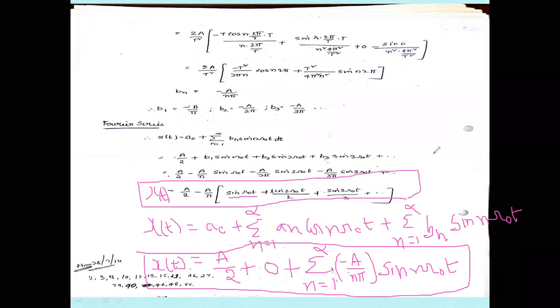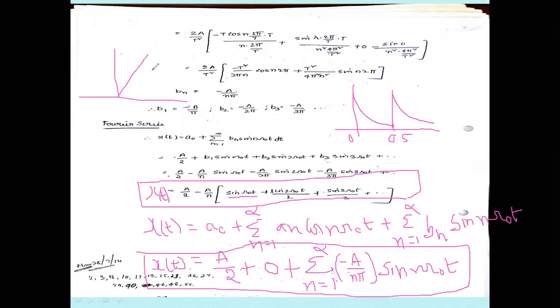Following, my dear students, is also a very, very important example. In the previous class, yesterday's class, we found the trigonometric Fourier series for the exponential function, and it is periodic with a period of 0 to 0.5. Now, in today's class, we find it for a ramp signal x of t with the amplitude of a and with a period of 0 to T, and it is also a periodic signal only.